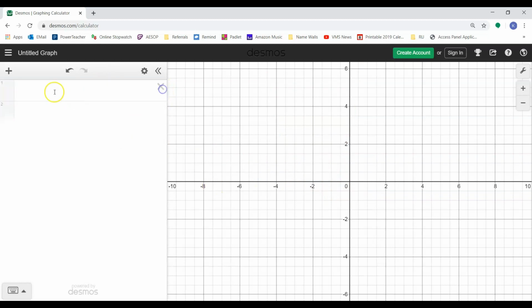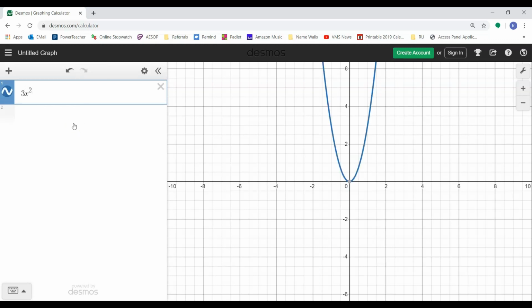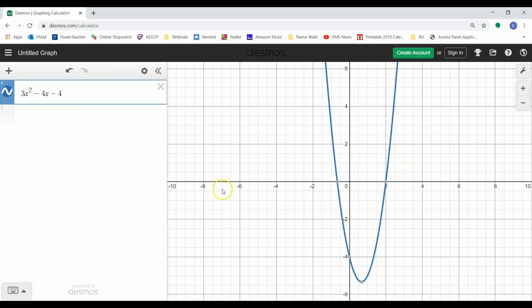So let's look at another example of something that you might see in your quizzes practice. So I'm going to type in the equation 3x squared minus 4x minus 4. And so we're going to get a graph that looks something like this.